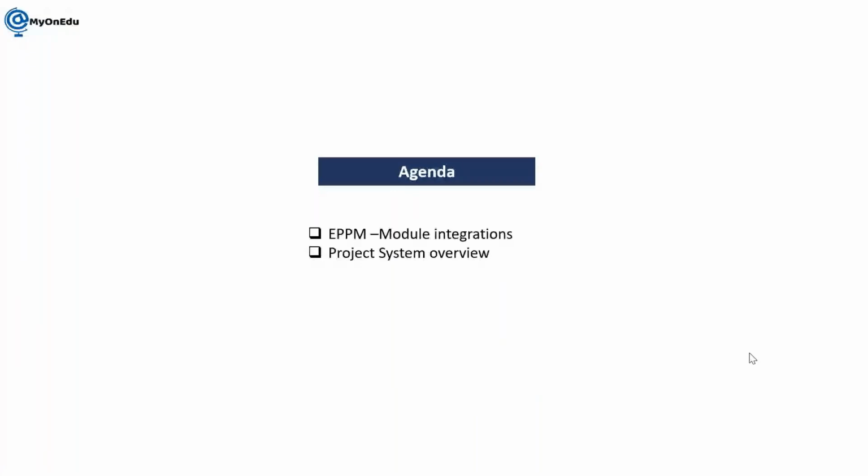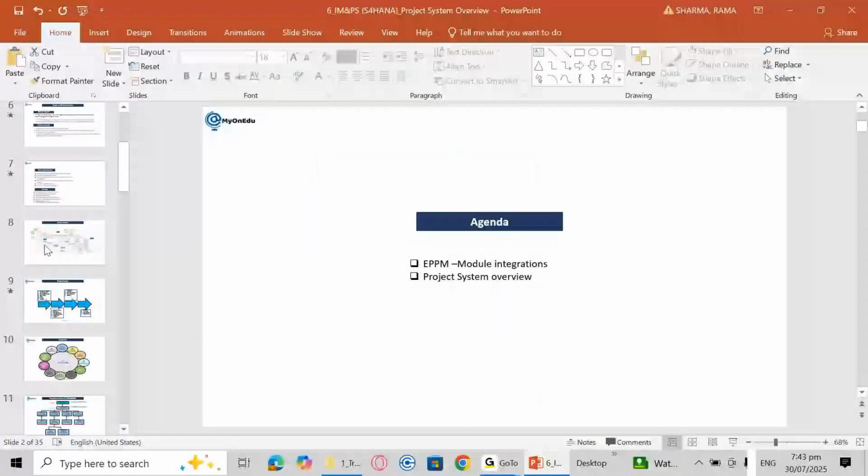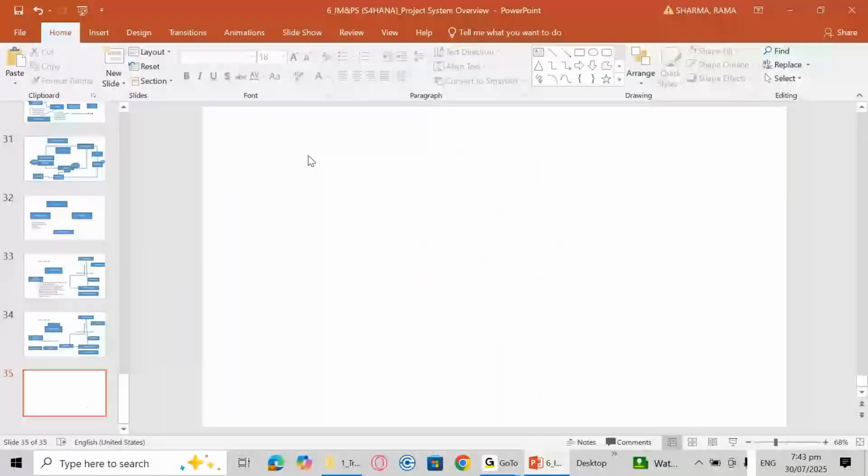I'll just explain how the modules are being integrated within EPPM, and then we will start to understand the project system. As we know, in EPPM we have three major modules: PS, PPM, CPM, and EPC is supporting, which helps us integrate project system and plant maintenance with Primavera and MSP, which is going to be obsolete in December 2025.